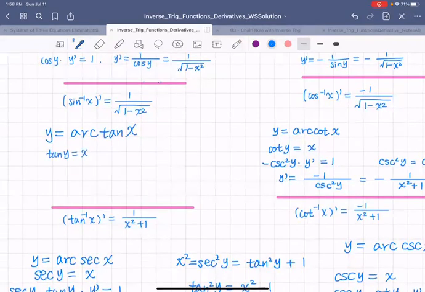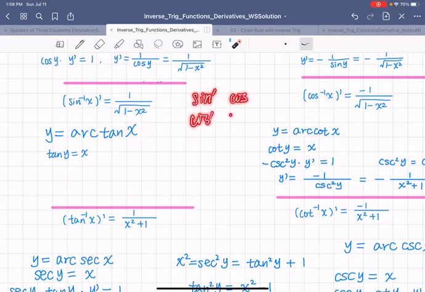Can we do the derivative for both sides? Remember, we learned that the sine derivative is cosine.